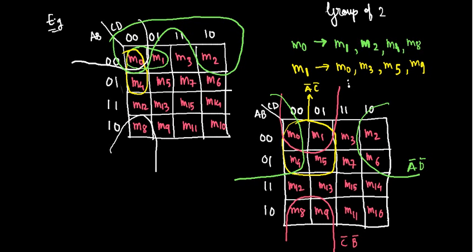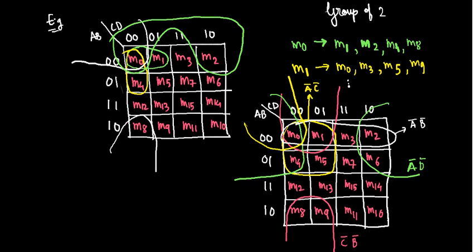Any other possibility? First row. Okay, you can have this. Okay, tell me the expression. They differ in only two variables. The expression turns out to be A bar and B bar. Anything else? There is one more possibility. Take the corners.